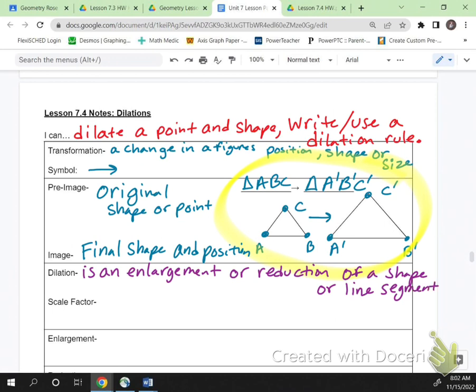We have problems where we shrink or enlarge a line segment. Multiplication. So a scale factor describes the size change from the pre-image to the image. And then we'll start getting into what is an enlargement, reduction, and the rule, and we'll do some examples. Anyone still writing? Yeah, no worries.